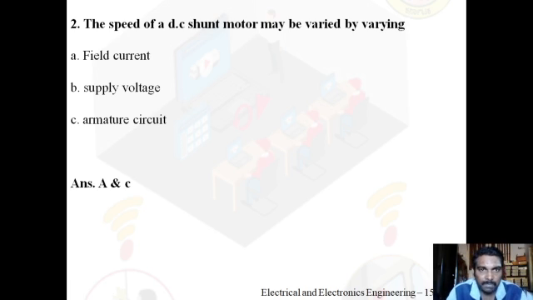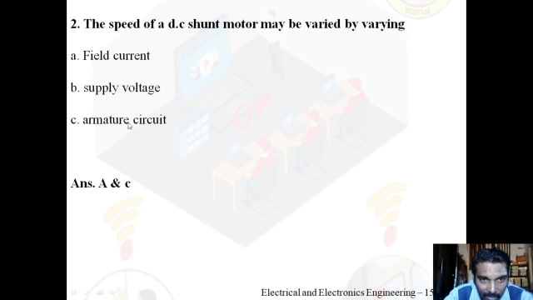Then the second one: the speed of a DC shunt motor may be varied by varying field current, the supply voltage and the armature circuit. So here the answer is A and B. It is not C, it is A and B. By varying field current, that means the shunt field current, we can vary the flux, therefore the speed can be controlled, and by varying the supply voltage also we can control the speed of a motor.